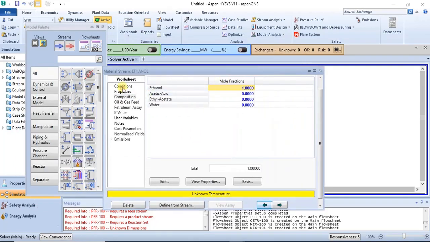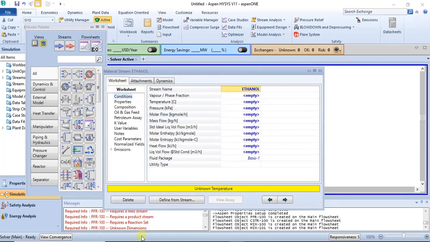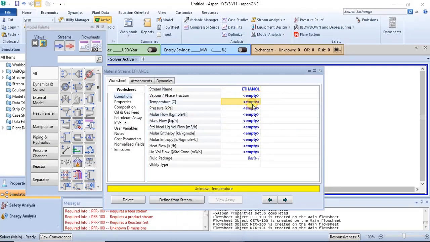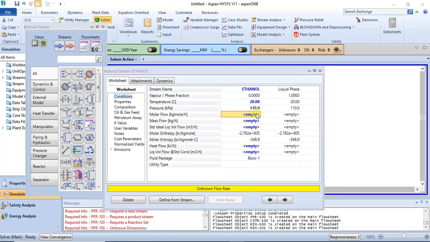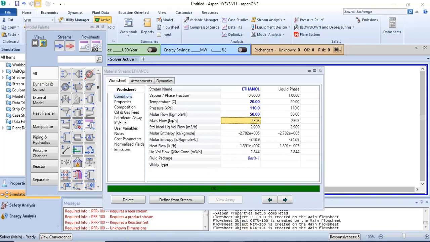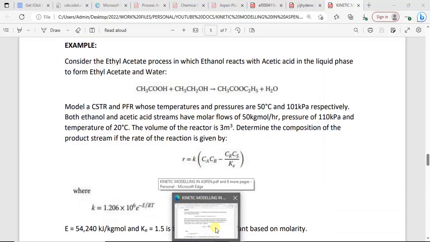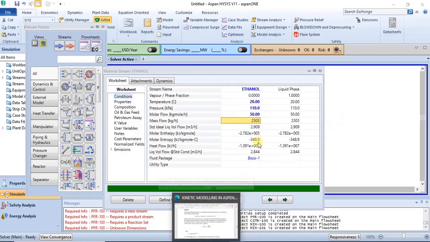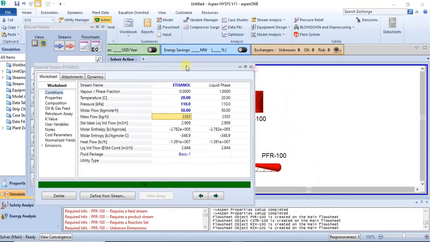Then we can specify the conditions: 50 kilomole per hour, pressure of 110 kilopascal and 20 degrees Celsius. Let me just confirm. Yes, so this is fully specified.